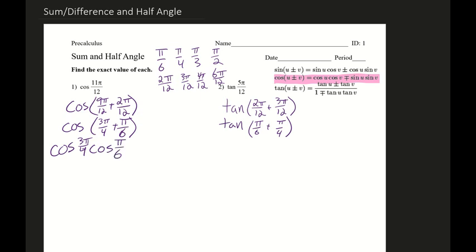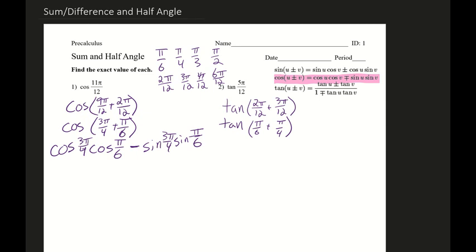And then the reason that this is minus or plus is because we change the sign. We also have the nice little alliteration that sine, it's the same, cosine you change. So this is plus, so this has to be minus. And then it's sine of 3 pi over 4, sine of pi over 6.